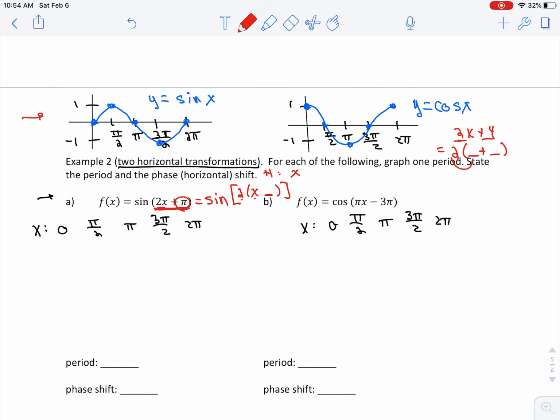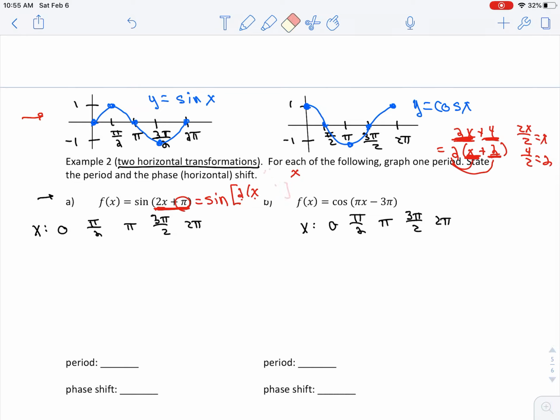And this times this has to give me this, so I'm missing an x, and this times this has to give me 4, so 2 times 2 gives me 4. But also notice that what you're really doing is taking this term, the 2x, and dividing it by 2, so that gives you x, so that tells you that's what goes here. And then you're really dividing this 4 by 2, which gives you 2, so that tells you that's what goes here.